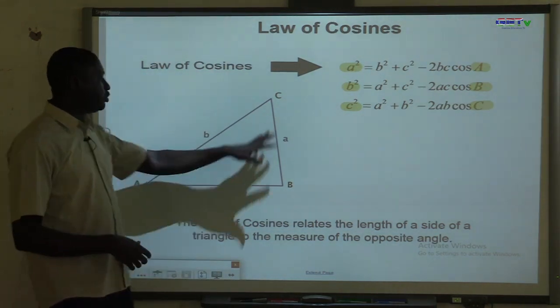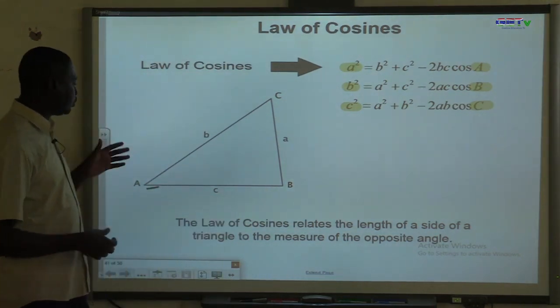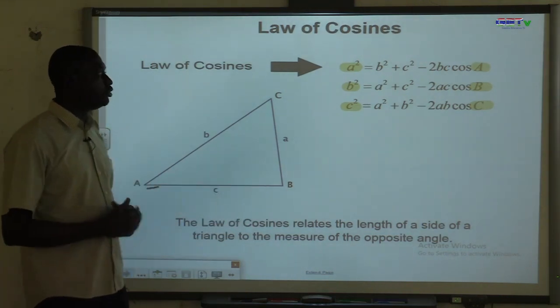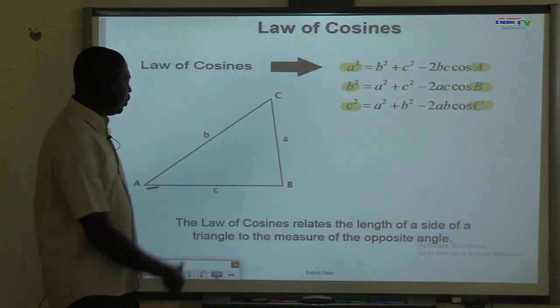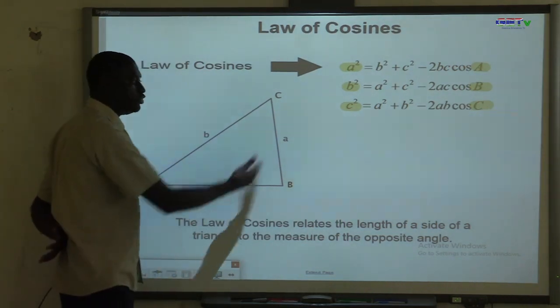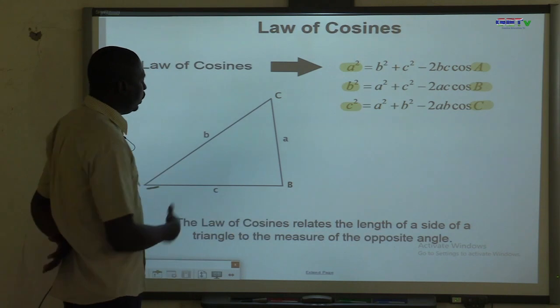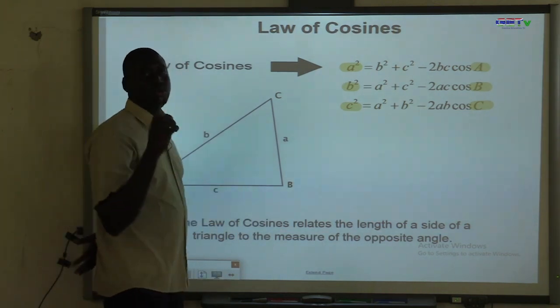But if the triangle is not a right angle triangle, this law is applicable provided that we know all three sides of the triangle, or we know two sides and the included angle.